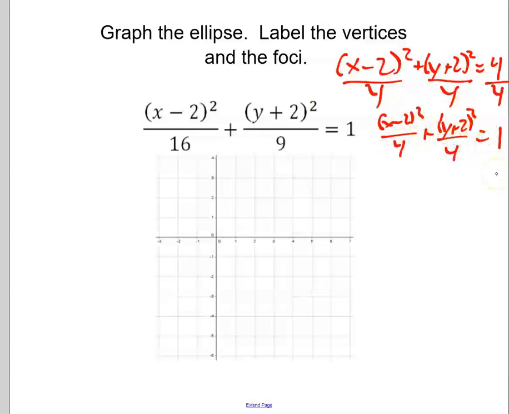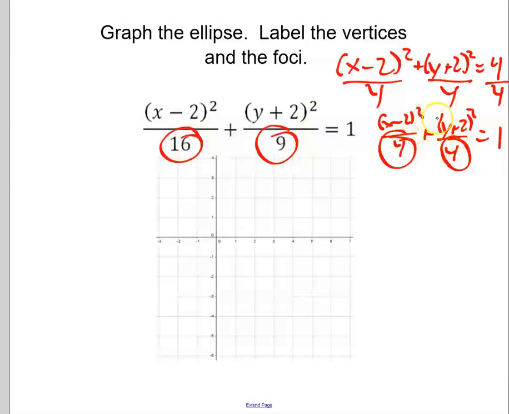So now this is a circle, but the format of writing is a lot more similar to an ellipse. If you try to write a circle in the format of an ellipse, you'll notice that with a circle, the numbers in the denominator are the same, as opposed to here, where they're different.